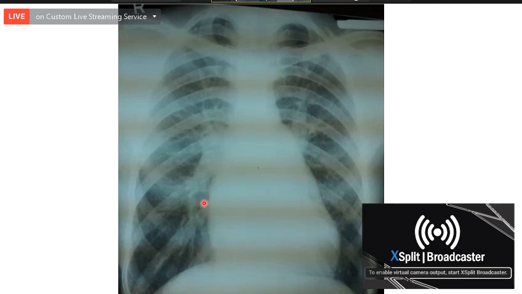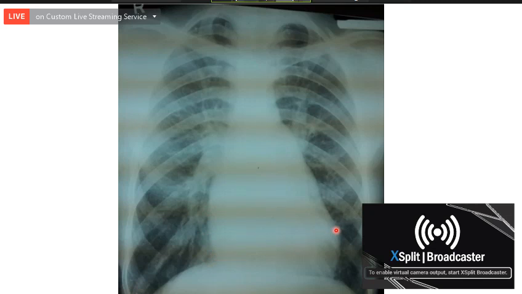The angle will be an obtuse angle where the right atrium is enlarged, and if there's a left atrial enlargement, the angle between the left atrium and the diaphragm will be an acute angle.